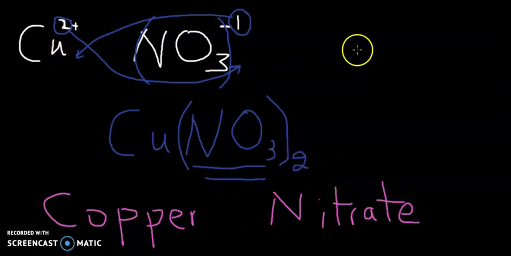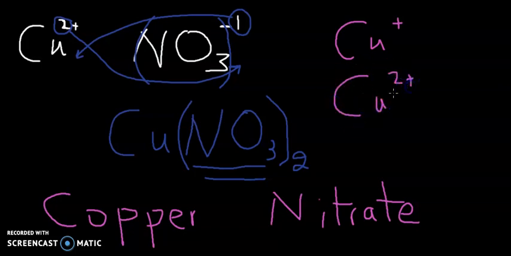Copper, if you refer to the tables that you have, can exist as Cu plus or Cu2 plus. So it has two different oxidation states or charges. To distinguish between the two, in the name, we use Roman numerals. So this is 1 and this is 2.